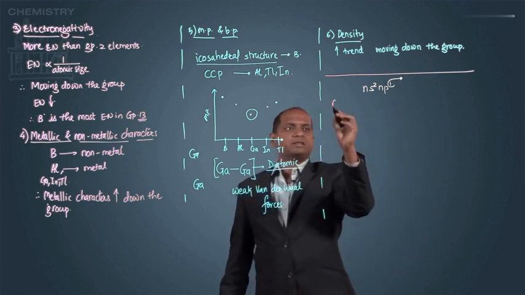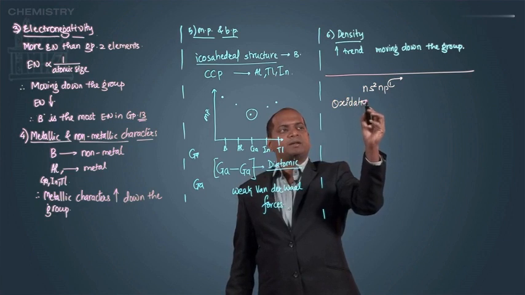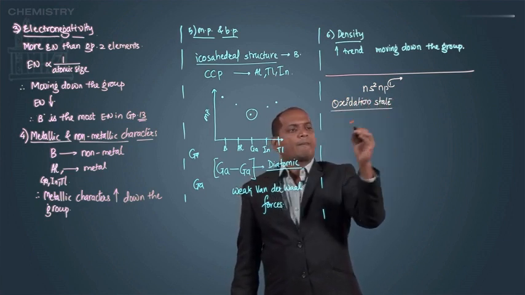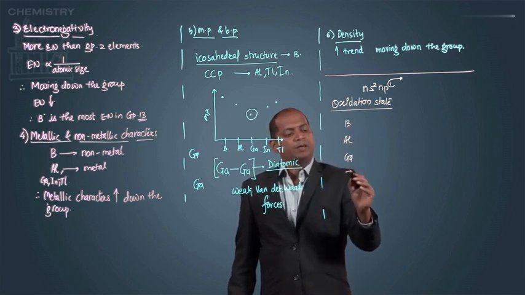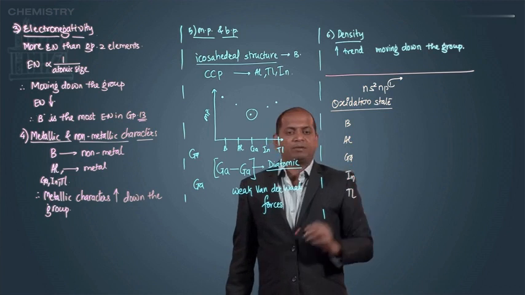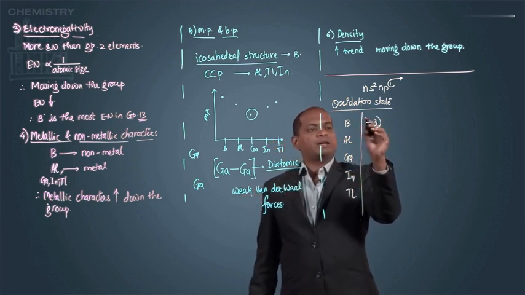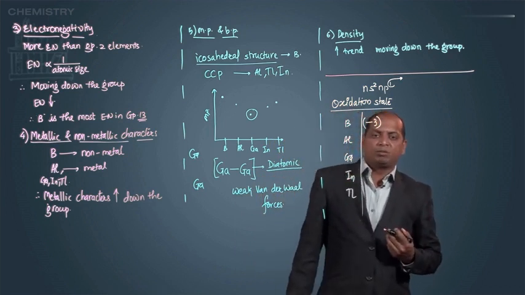If I consider the property oxidation state for boron, aluminium, gallium, indium and thallium: boron may have a -3 oxidation state because it can accept electrons.